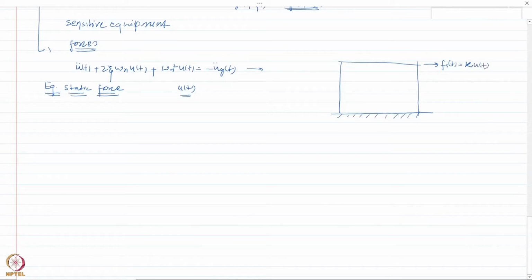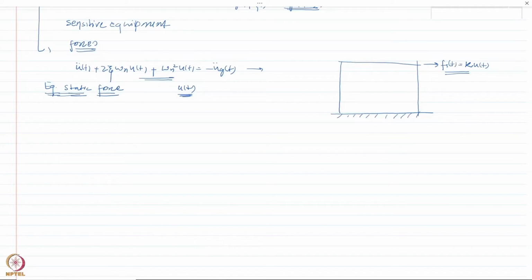If you apply this load and find the response subject to it, of course it would be a static analysis. That's why it's called equivalent static analysis: you first do the dynamic analysis, and then at each time instant of interest you find the displacement u of t.